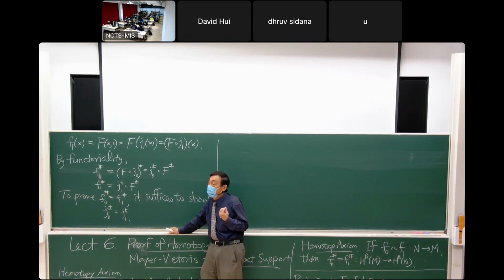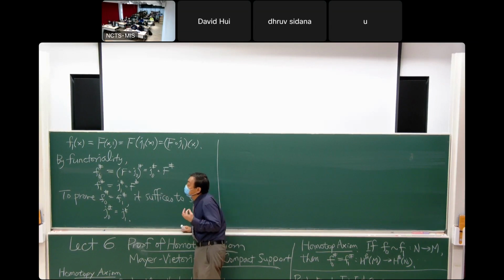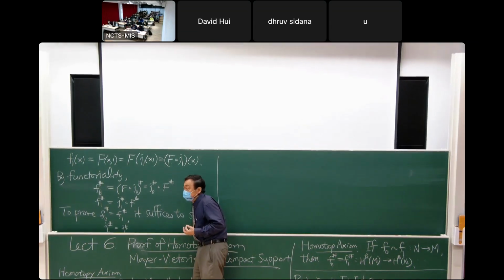Okay? It's a very general method, works all the time, if you can find this cochain homotopy. So let me explain the method. I mean, it's good to know this method.